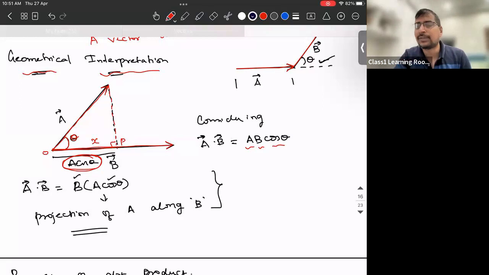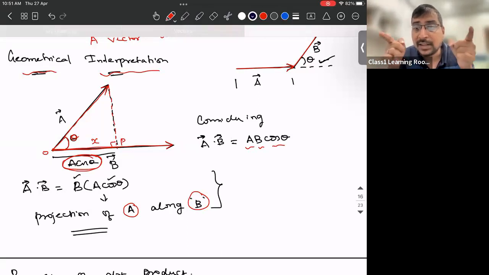There's another way of understanding. You're able to understand what I'm saying. When you drop this perpendicular, you get the distance OP. The distance OP is given a name: projection of A along B vector. From A, you drop the perpendicular, and you measure the distance between the starting point and the foot of the perpendicular.